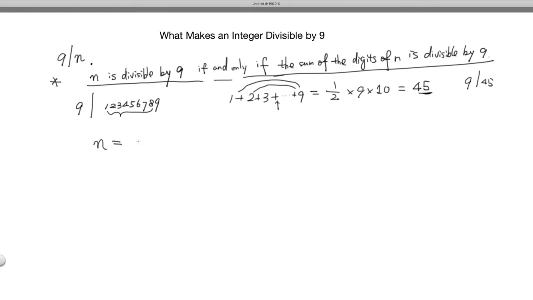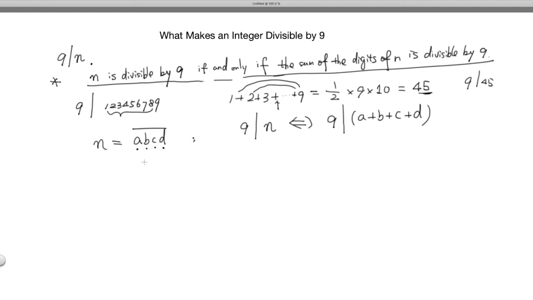It's A, B, C, D. So the thousands digit is A, the hundreds digit is B, the tens digit is C, and the unit digit is D. We're going to show that 9 is a divisor of n, or n is divisible by 9, if and only if 9 is a divisor of A plus B plus C plus D.